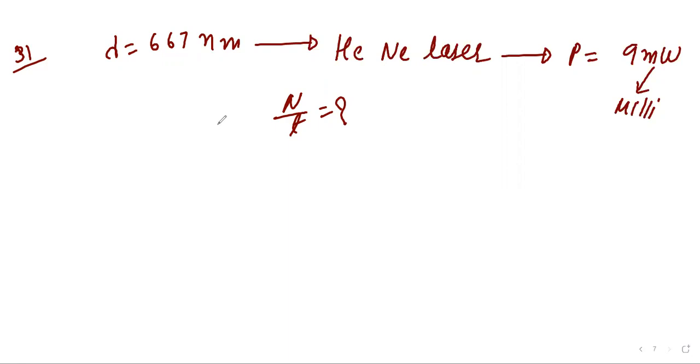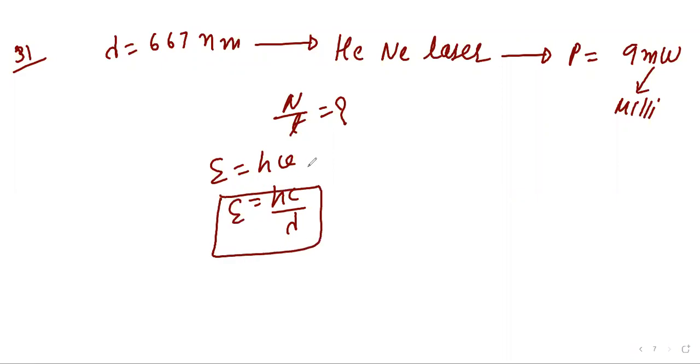As we know, the energy formula is E equal to h mu. After putting mu value as c by lambda, we have E, and power is defined as nothing but energy upon time.